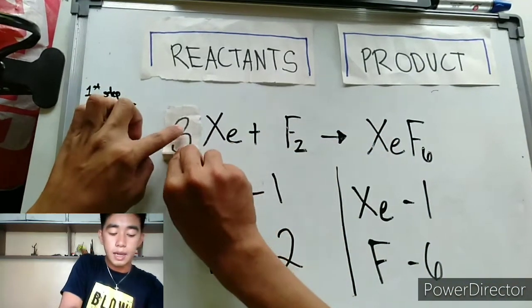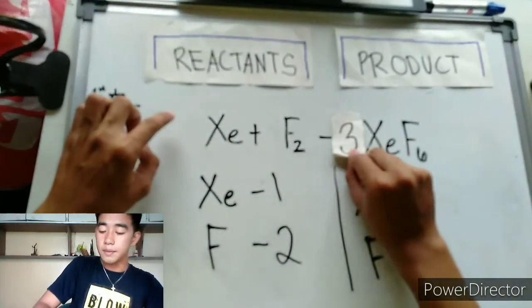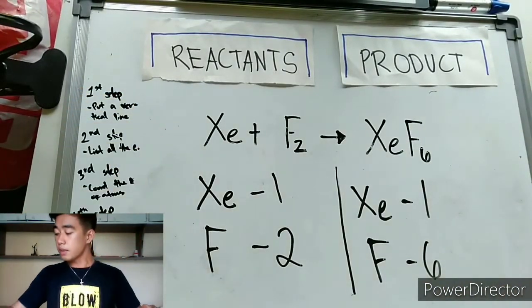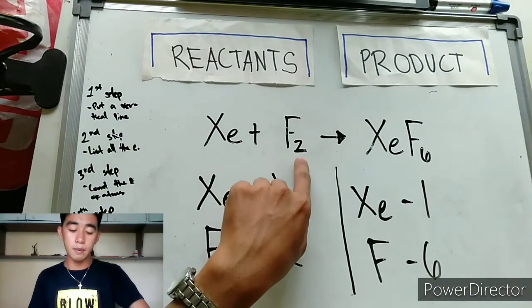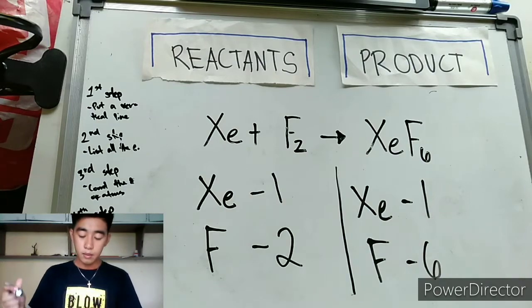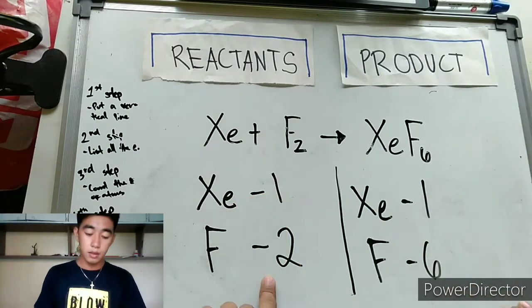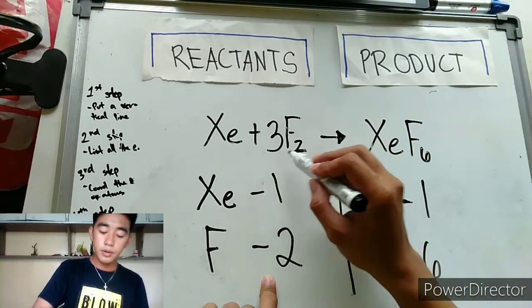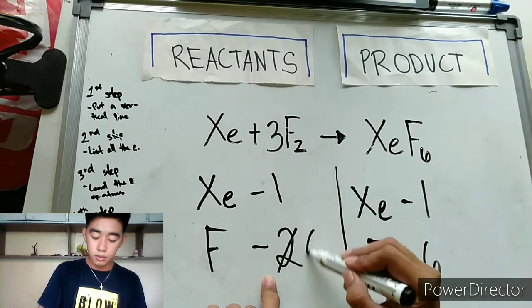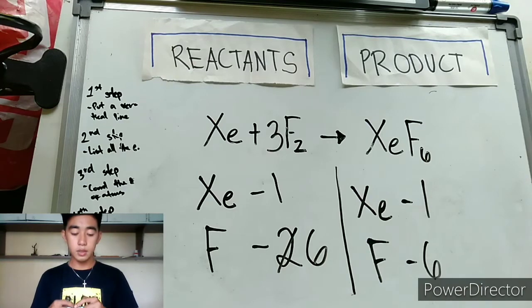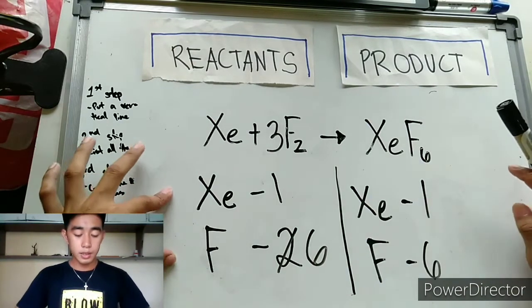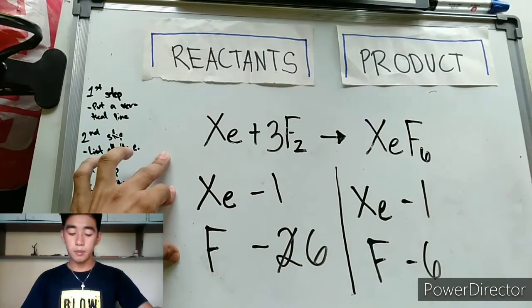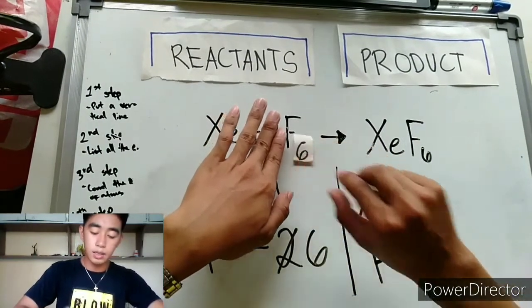Dito lang lagi dapat sa harapan ng elements or ng compounds. Okay, so now mag-iisip tayo ng number na kapag tinimes natin sa 2 ay mag-equal sa 6. And yun ay 3. So 3 times 2 is equal to 6. Okay, so now balance na siya. Okay, so sir, question, bakit di na lang po natin baguhin yung subscript, gawin natin 6?